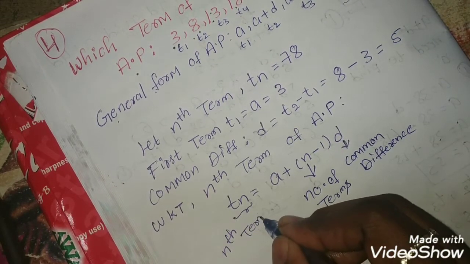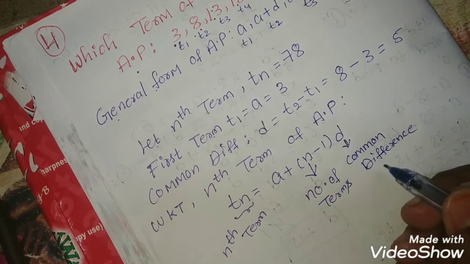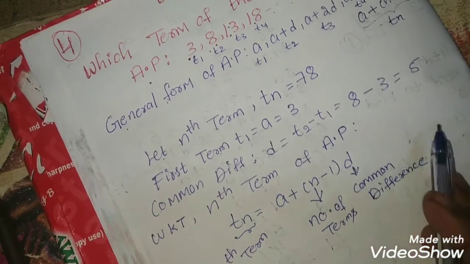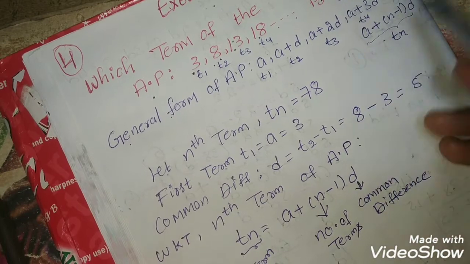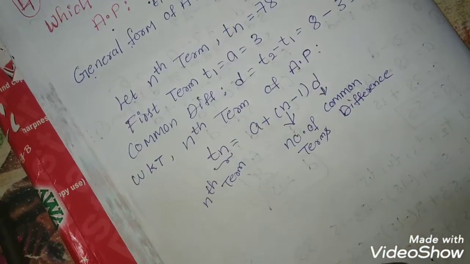What do we need to find? We need to find n, the number of terms, first of all. Then we can easily say which term it is, that is 78.